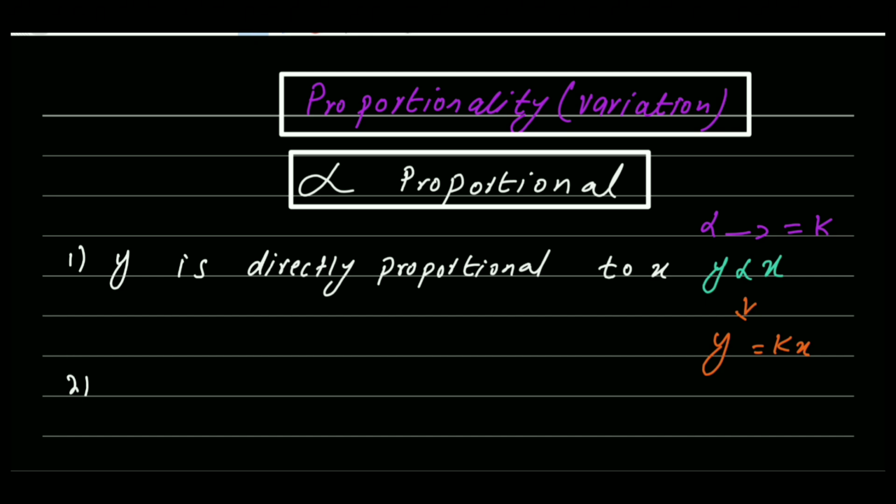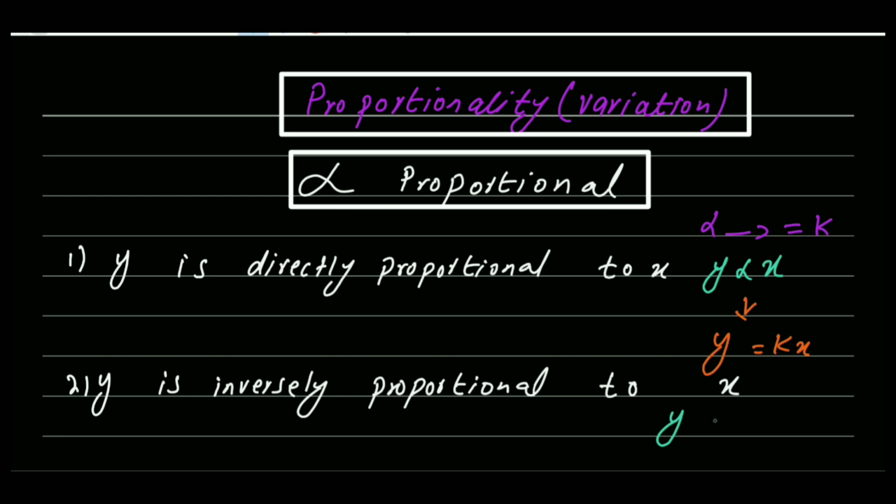Okay, so if y is inversely proportional to x, then how will we write it? We will write y is inversely proportional to x, and inversely means you have to write x in the denominator.